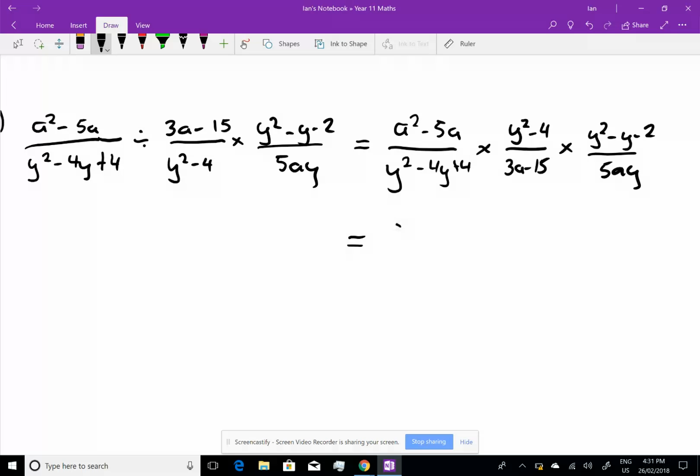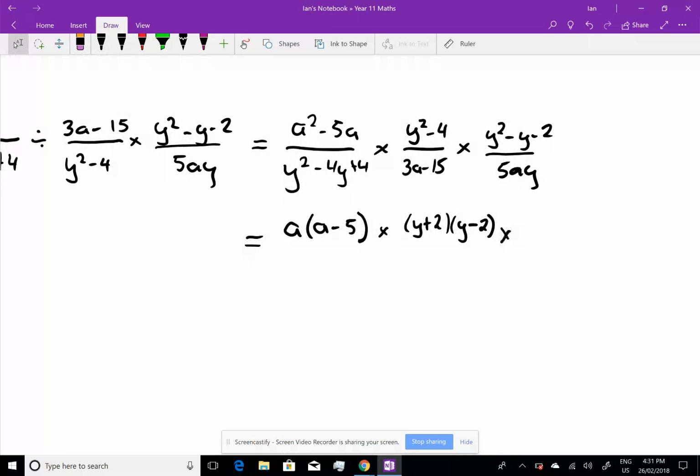Just going along the top, I'm going to take the a out of that. I'm going to get a minus 5. The next one is the difference of two squares, so it's y plus 2, y minus 2. And over here I've got a quadratic trinomial. I wonder what multiplies out to minus 2 and adds up to minus 1.